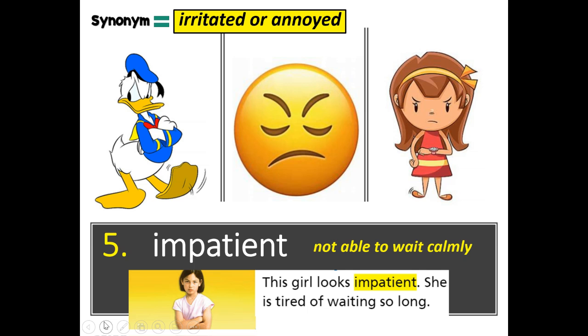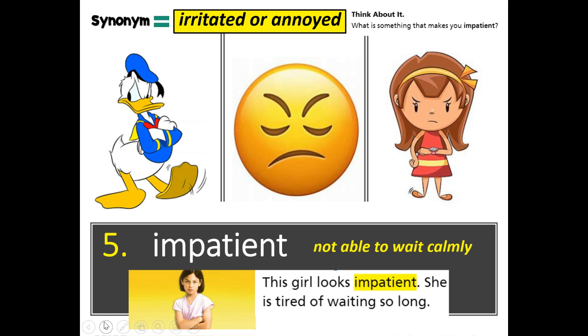This girl looks impatient. She is tired of waiting so long. And look at her body language. She has her arms crossed, just like Donald Duck. And her face kind of looks like the other girl and the emojis. Think about it.